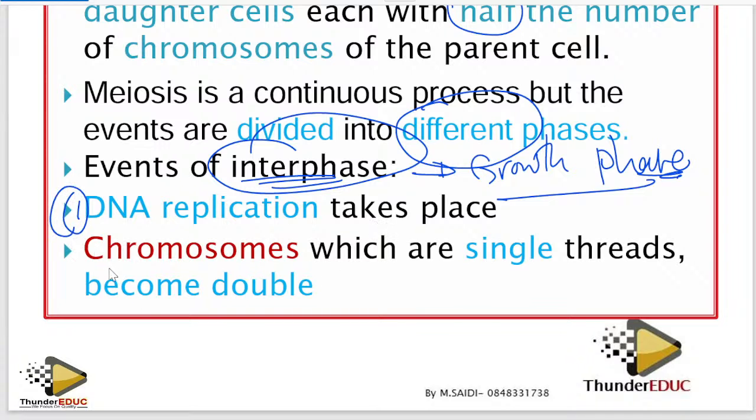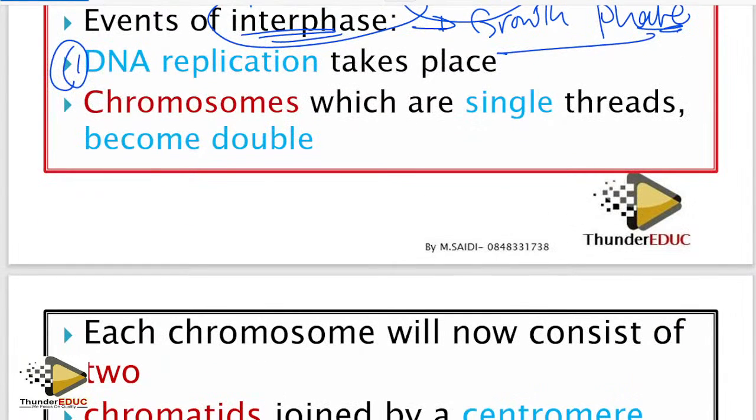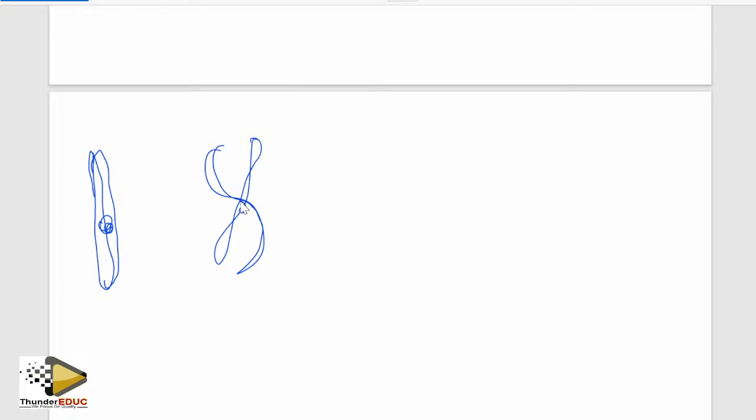Number two, chromosomes which are single threads become double stranded. They were single. We saw that before DNA replication, the chromosomes look like this. After DNA replication, the chromosomes become double stranded.